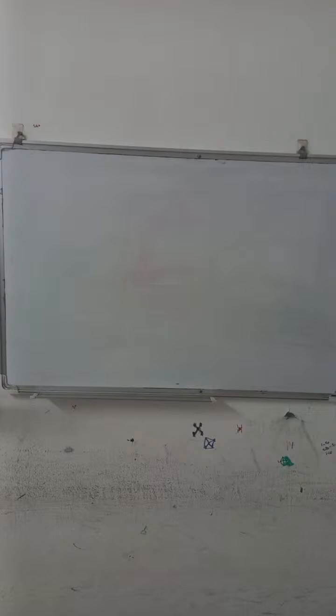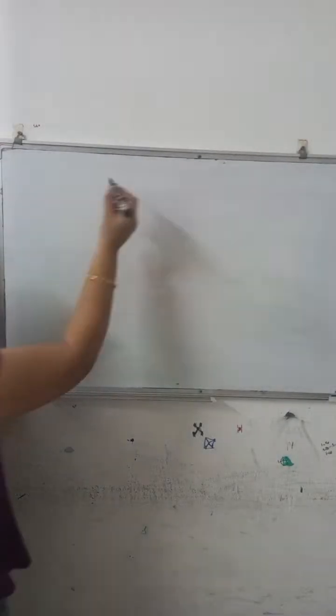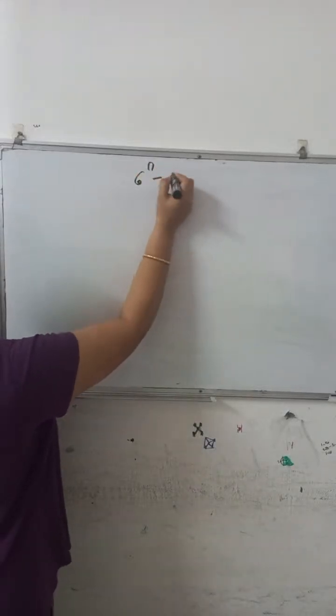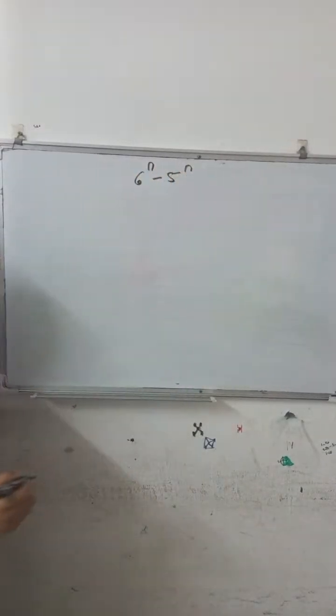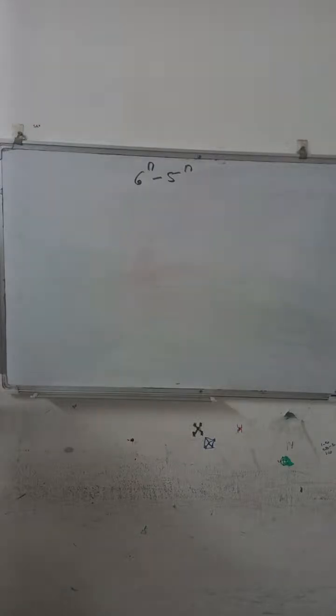If n is any natural number, then 6 raised to n minus 5 raised to n always ends with 0.